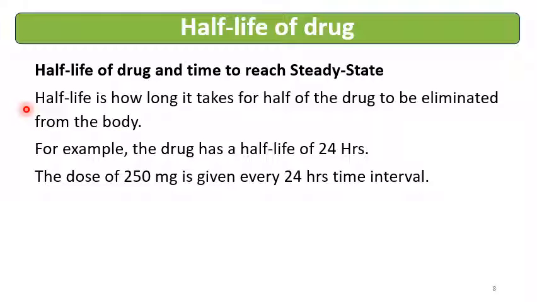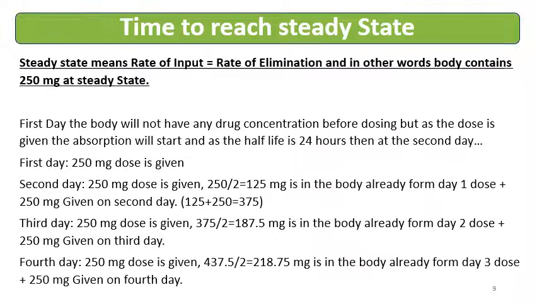Suppose you are taking a 100 mg dose and it comes down to 50 mg in 2 hours, then the half-life is 2 hours. For example, the drug has a half-life of 24 hours. The dose is 250 mg and is given every 24 hours. Then how much time will be required to reach the steady state? Now we will see that.